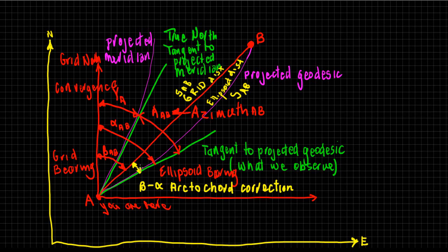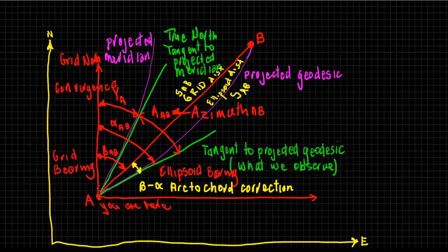But also in here we have our arc to chord correction, which is this little thing in here. So when we're observing a bearing from A to B, we actually observe along here, but we need to calculate the arc to chord correction so that we can change our observed elliptical bearing to a grid bearing.